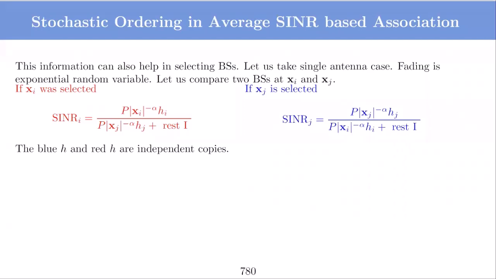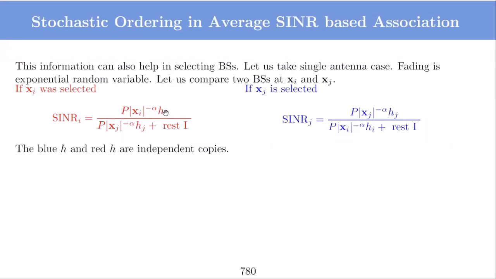This can also help us in selecting a base station. Let us take the average SIR base station association, and the single antenna case. Fading is an exponential random variable in that case, and let us compare two base stations, Xi and Xj, to see which one we should select. If Xi is selected, the SIR would be the probability of Si, h_i upon P into ||Xj||^-alpha h_j plus the rest of the interference, and SIR j would be similar, but the serving and interfering terms will be interchanged.